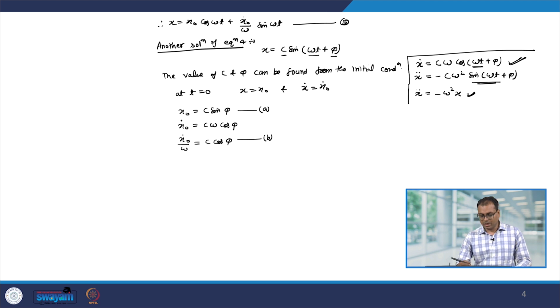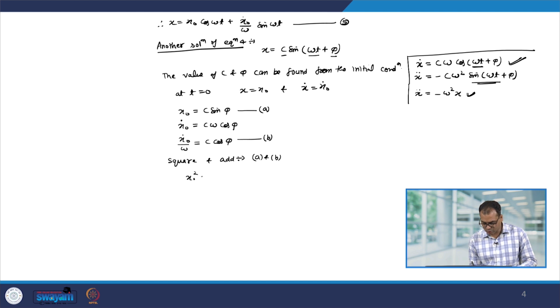So, we have two equations and two variables that we want to find out, phi and c. For that, let us square and add A and B. So, we have x naught square plus x naught dot square divided by omega square equal to c square sin square phi plus c square cos square phi. C square I can take outside, and sin square phi plus cos square phi equal to 1.